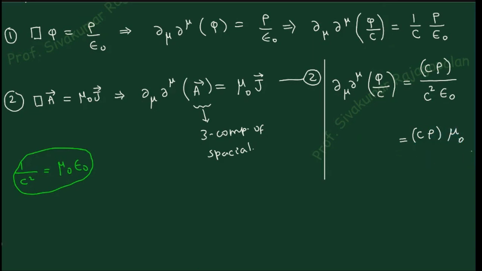Is it correct? So if I put mu 0 epsilon 0, the epsilon 0 gets cancelled and then I am getting this. And that's all. So that is equal to dou mu operating on phi by c. This is the interesting equation that you have. This is the equation number 1 now.